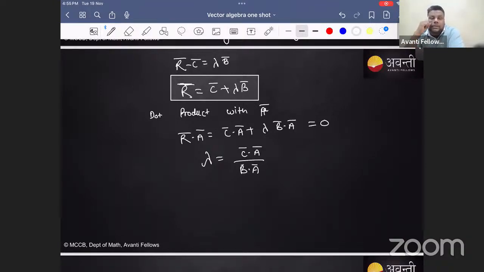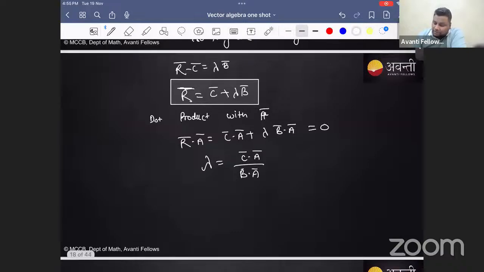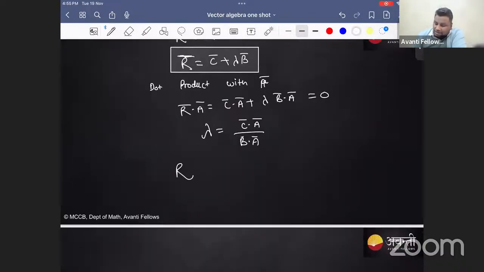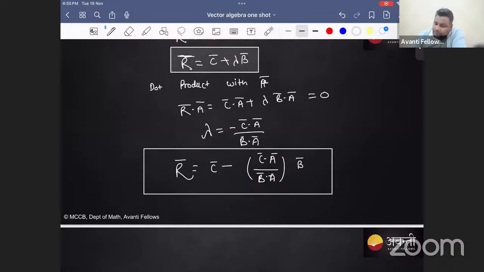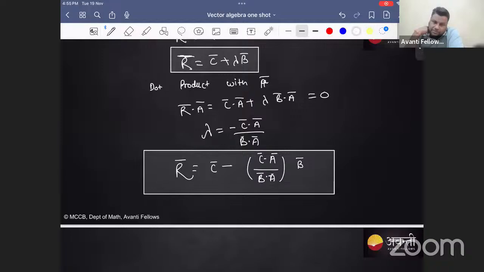Now put this value of lambda in R. So you get R as C minus (C dot A upon B dot A) into vector B. Now they have already provided you vectors A, B and C. Now you know what to do. Got it?